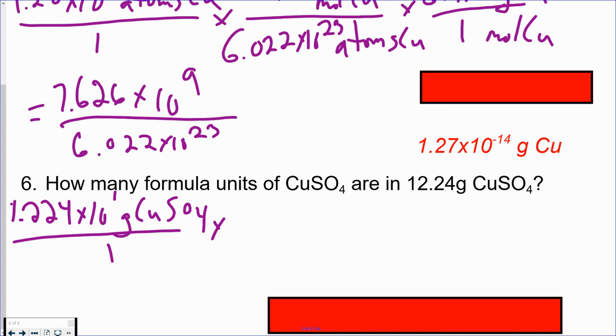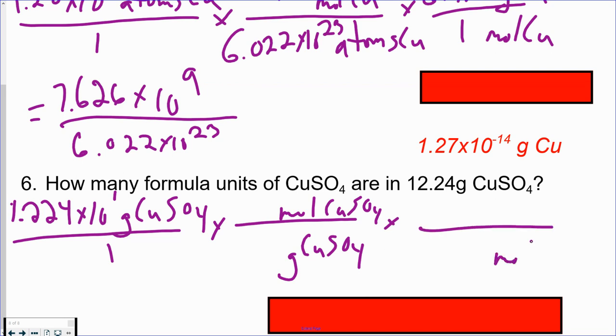Now, since grams are up top, grams need to come on the bottom. Mole needs to go up top. And the next one should have mole on the bottom. And formula units. Now, I'm going to abbreviate this down to form. units, and that would be CuSO4.